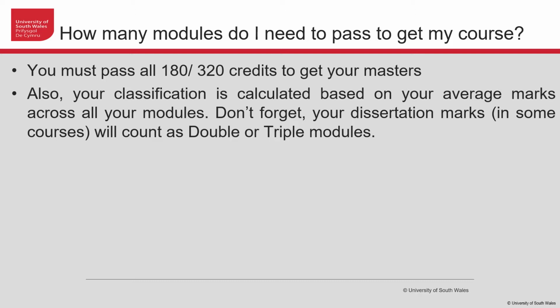So your dissertation, as mentioned previously, will count for double or triple modules. So if you're doing, for example, the MBA top-up with a 20-credit research methods, your management research project is worth 40 credits, therefore worth double module count.